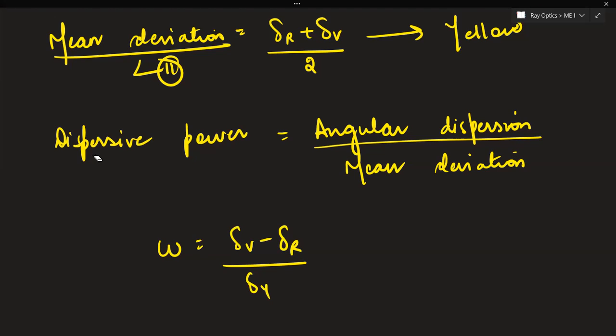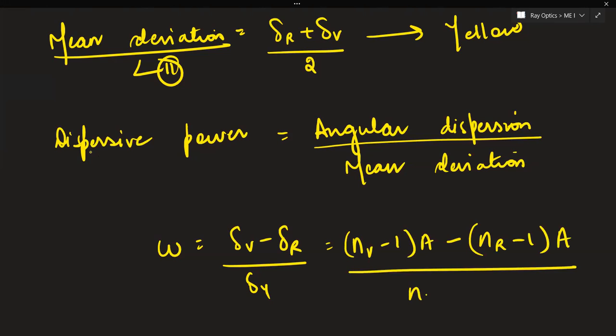If you apply this, see what you will be left with. You can write it as NV minus 1 into A minus NR minus 1 into A, divided by N yellow minus 1 into A.